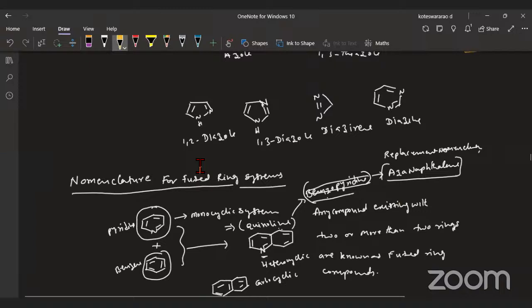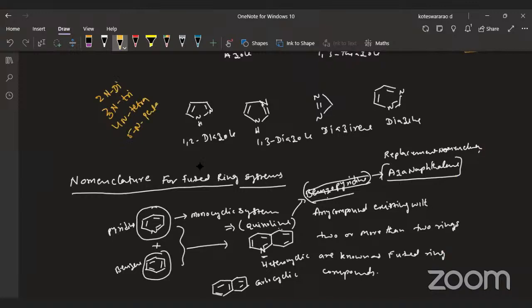Suppose the same kind of heteroatoms are present more than once. Here two nitrogen atoms are there. Therefore, for two nitrogen atoms we can use di. If three nitrogens, we use tri; four nitrogens, tetra; five nitrogens, penta, like that.